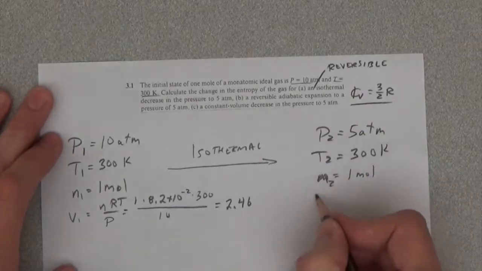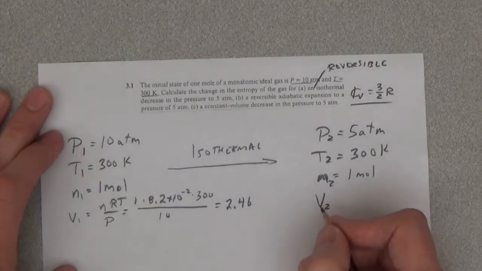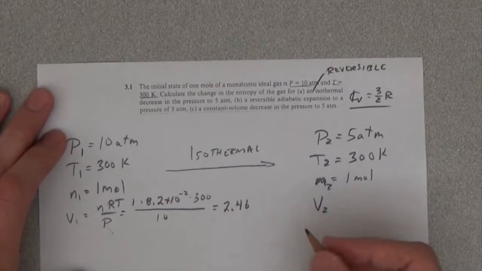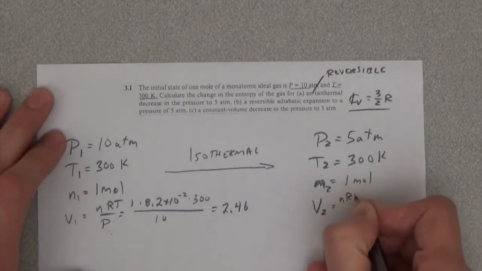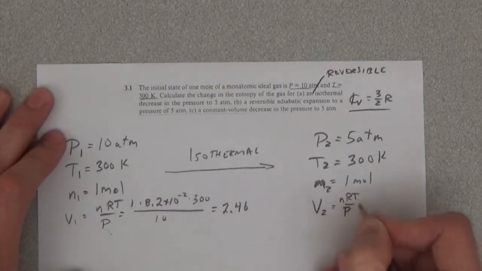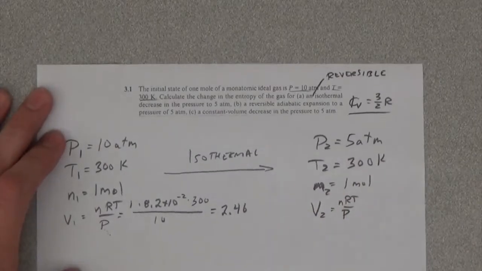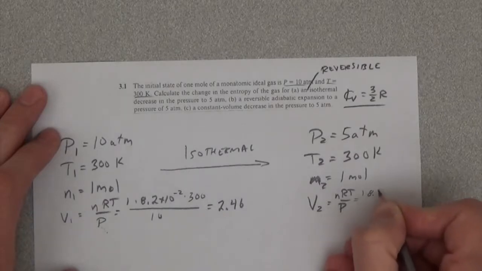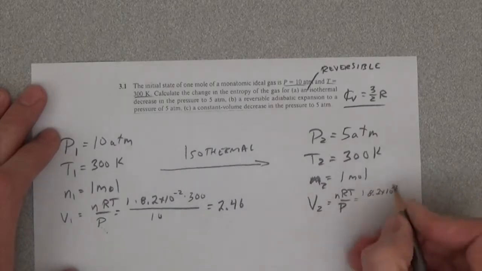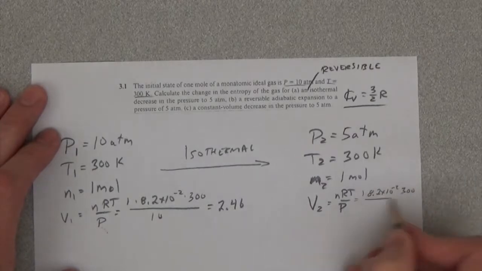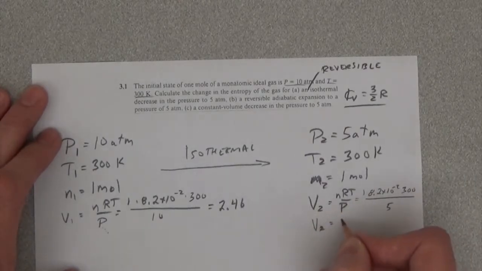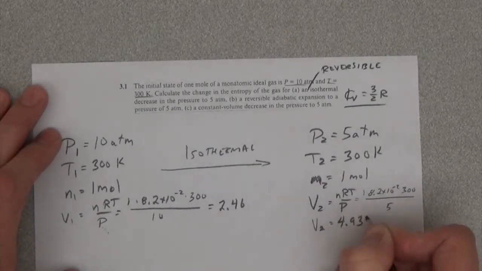And the volume is still given by the gas law, so it's going to be nRT over P, which is 1 times 8.2 times 10 to the minus 2 times 300 divided by 5. V2 is equal to 4.93 liters.